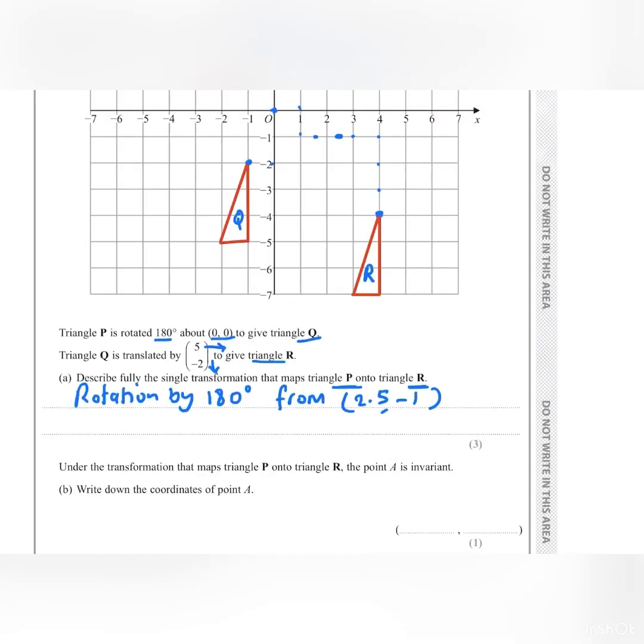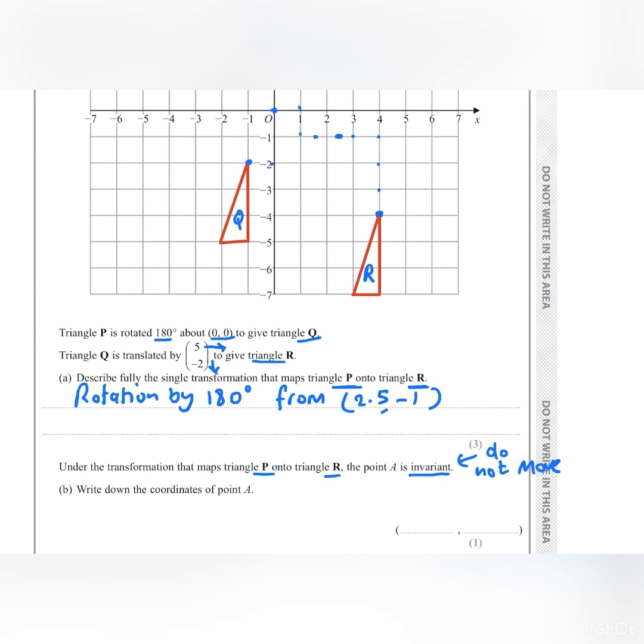Okay, part B says under the transformation that maps P onto R, the point A is invariant. Now, an invariant point is one which does not move, so it stays at the same place. Again, a bit of an unusual question, because normally they ask for the point on the shape which is invariant.